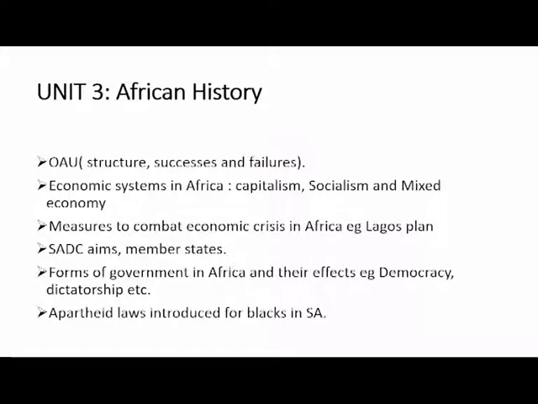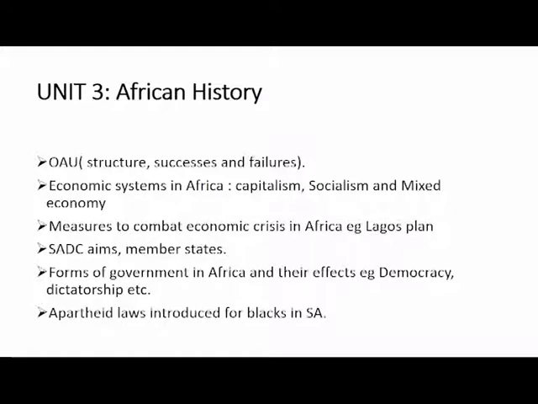Find out the basic characteristics of each economic system. You should also find out how these economic systems affected the African people, specifically in those examples you are given: mixed economic system in Namibia and Zambia, socialism in Tanzania, capitalism in Kenya.